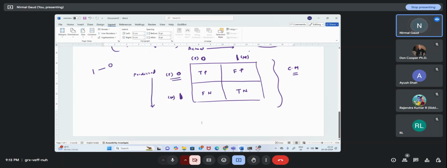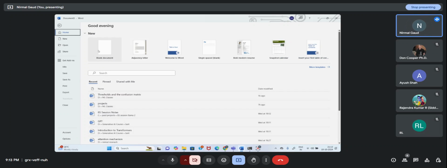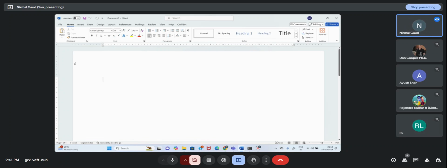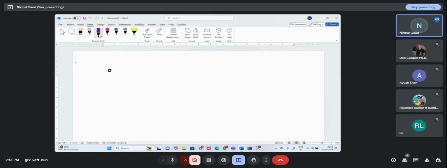Okay, it's a very easy case. For example, if you have multi-class classification, with 0, 1, and 2, let us suppose three classes are there. So what will you do in this particular case? Don't worry at all. Just follow the same concept which I have told.